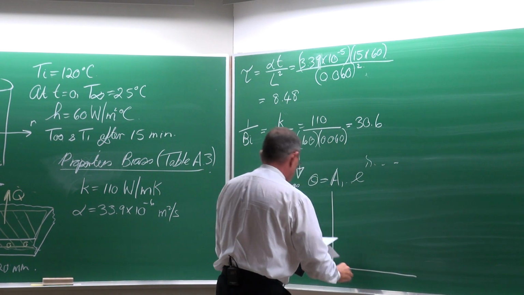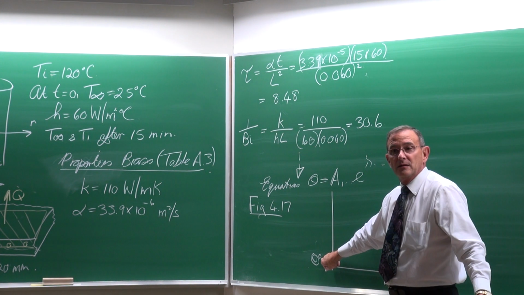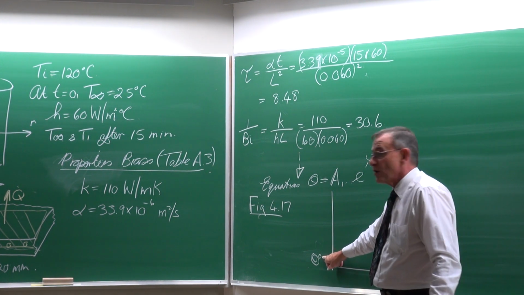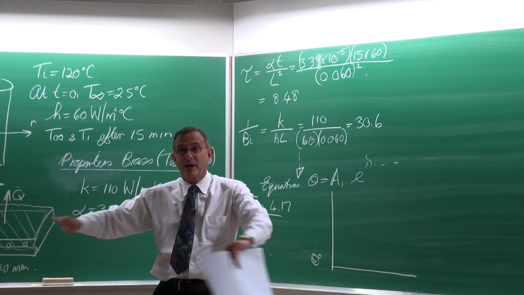On those charts, you will get here the non-dimensionalized temperature at the center, and that is what I'm using this 0 for. This 0 is on that plane. It's a long plane.